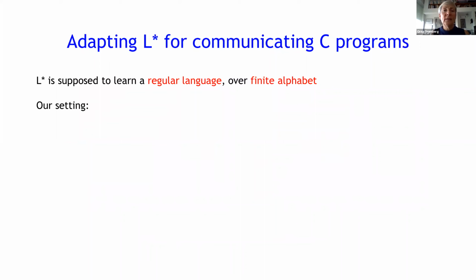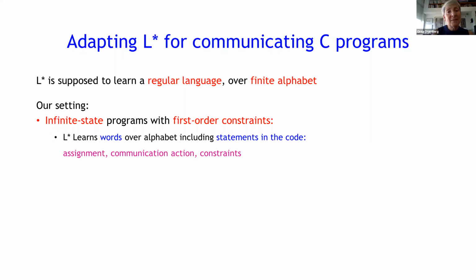So let's go a little bit into the L star algorithm. I will not describe it, but the main point about L star is that it is supposed to learn regular languages over a finite alphabet. And our setting is infinite state programs with first order constraints.